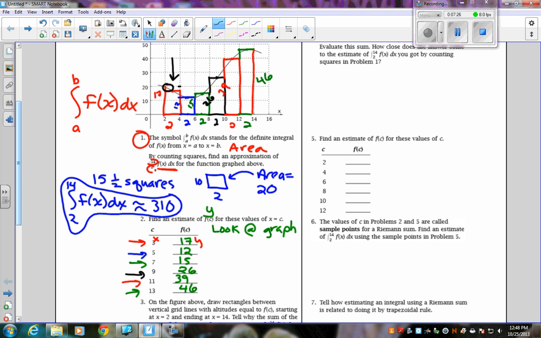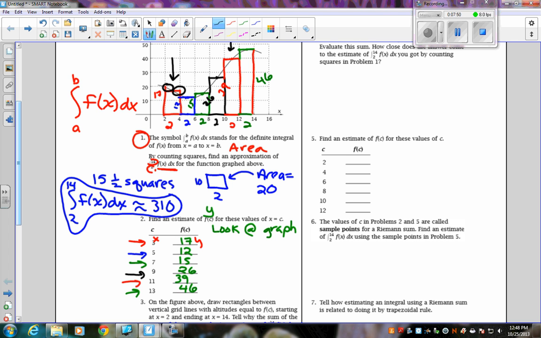However, when you look right here, there's some area in my rectangle that is above my curve. And hopefully those two areas balance each other out. So what I'm missing and what I've added in that's not really part of my area under the curve should be close to equal. So let's look at another rectangle.